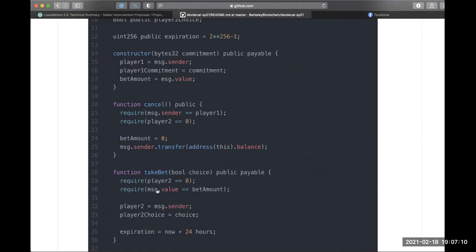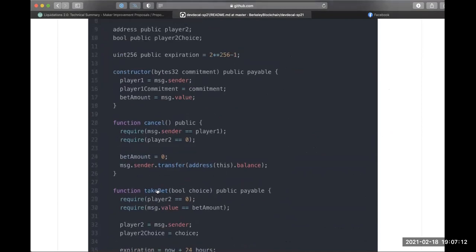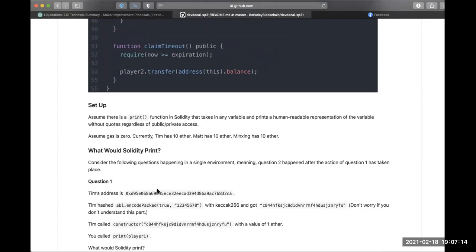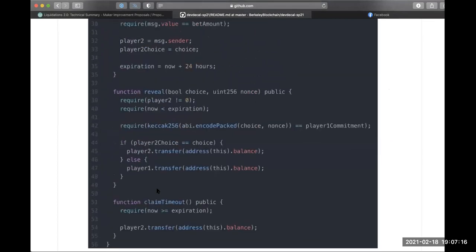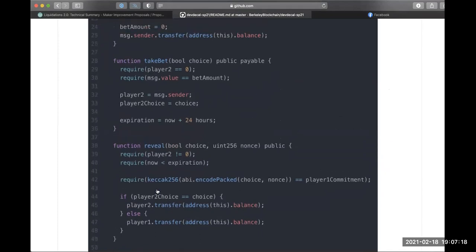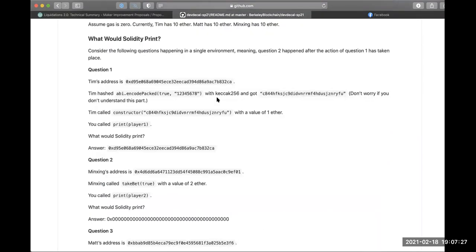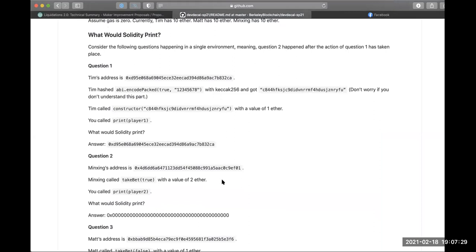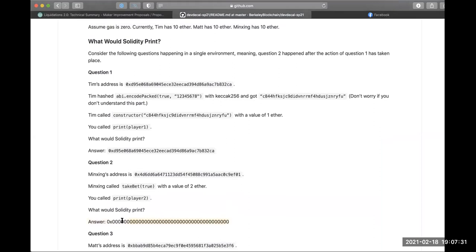But then what's the message value? Remember that bet amount is 1 after what Tim did. So in take bet, message.value would be 2, and this function would fail because 2 does not equal 1. So the player stays the same and it's still 0.